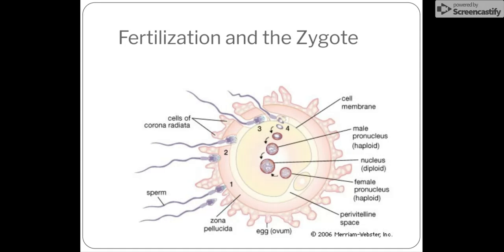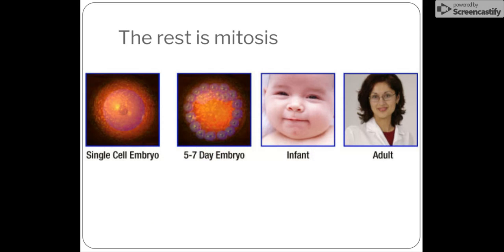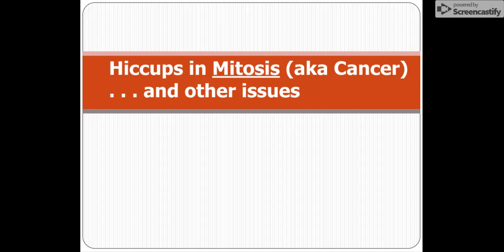Now they come together, and we've got our diploid zygote. Okay. And so we have that single cell zygote, and then the rest of making all of the cells that are you is mitosis. So we do meiosis to make those sex cells. They create a diploid cell, and then that replicates and replicates and replicates, making something like 1 trillion cells that make up you. Okay.